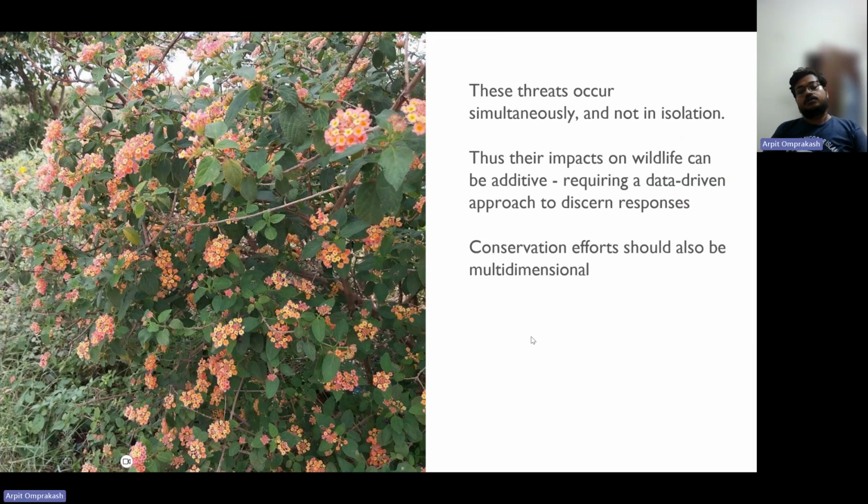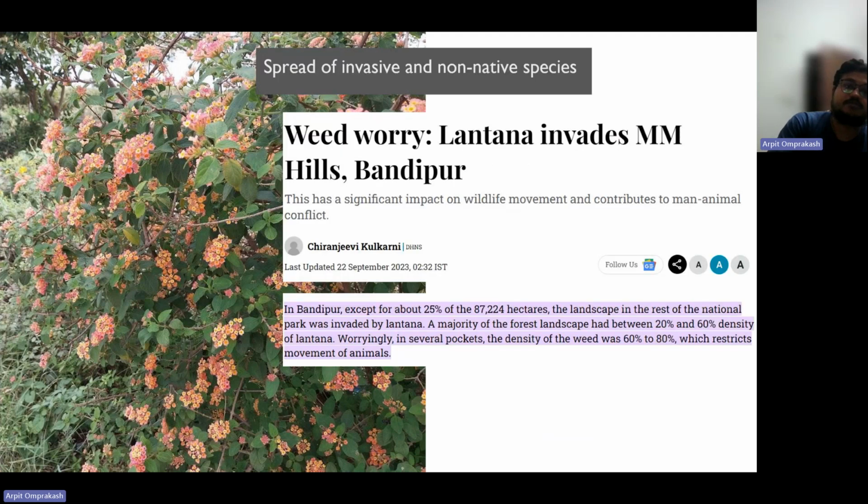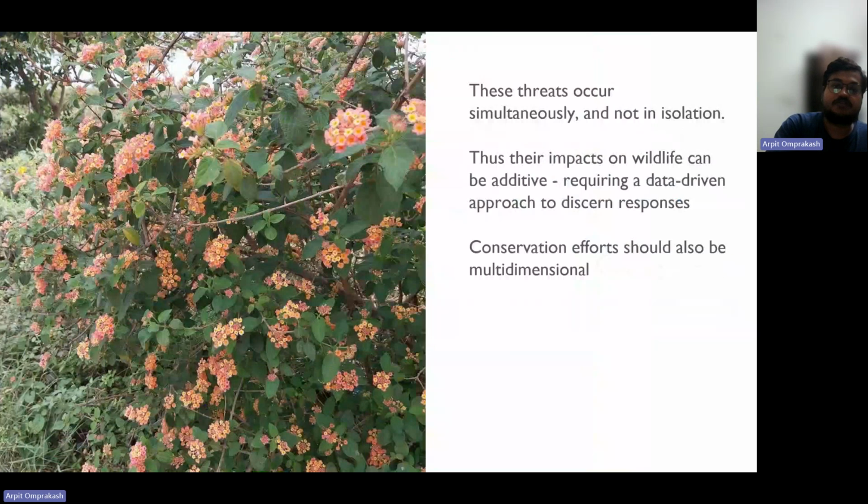Then the thing is, all these different kinds of threats, such as habitat destruction, invasive species, and human-wildlife conflict, occur simultaneously and not in isolation. It's not like one will come and then the other will come.